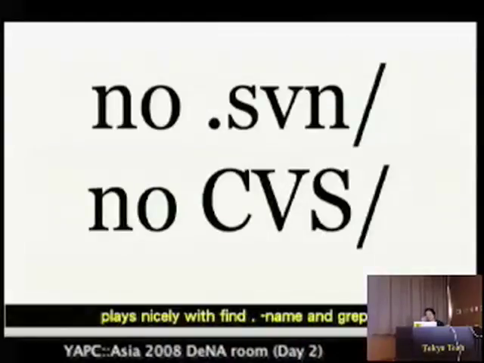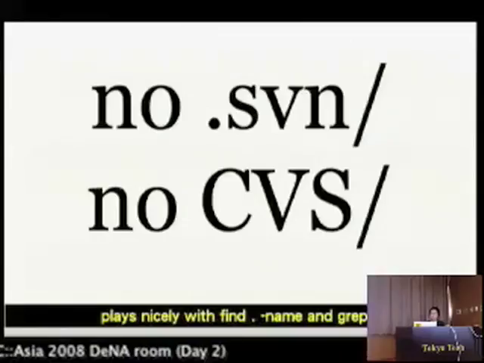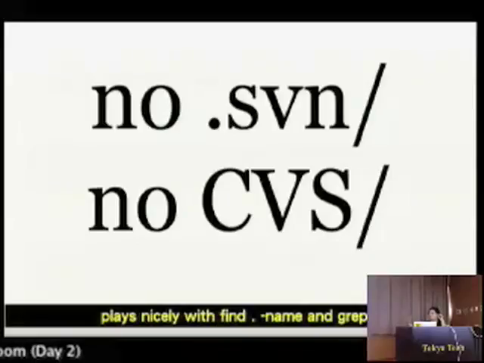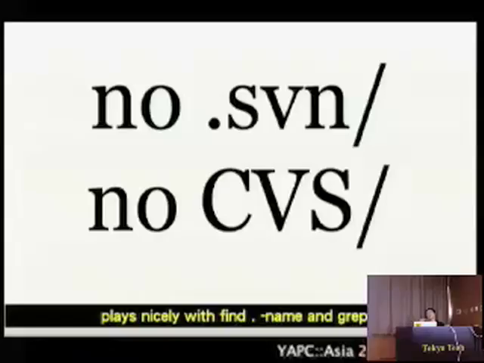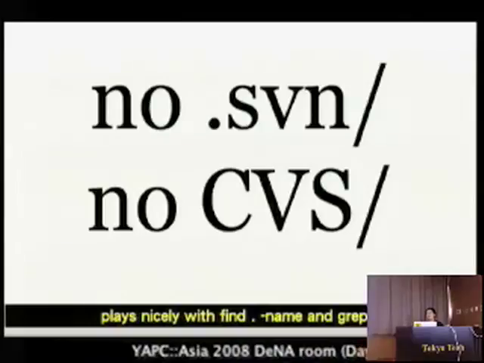And one thing I like is that there's no .svn or CVS directory in every directory, so it plays nicely with shell commands such as find or grep -r, which recurse into the .svn or CVS directories. That's kind of annoying because in a Subversion checkout, as I mentioned earlier, you can do diff without being on the internet because it stores a pristine copy of your checked-out file in the .svn directory.